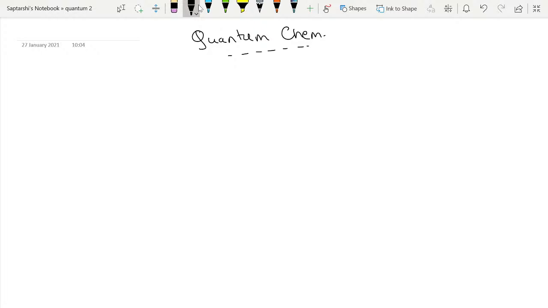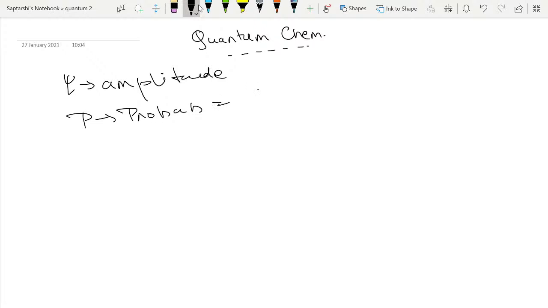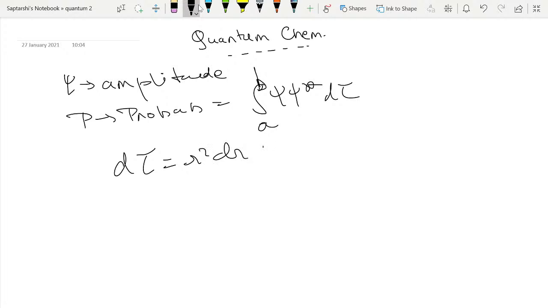So as we know, we'll start with some basic concepts. Psi is the amplitude, and P is the probability, which is equal to the integral of psi star psi d tau from a to b, where a and b can be any numbers, and d tau is equal to r squared dr sine theta d theta d phi.